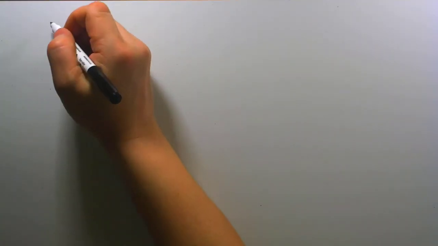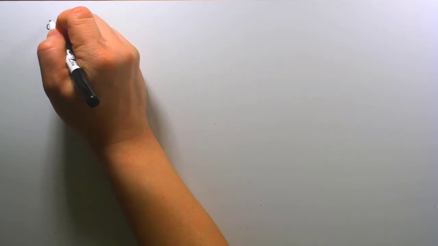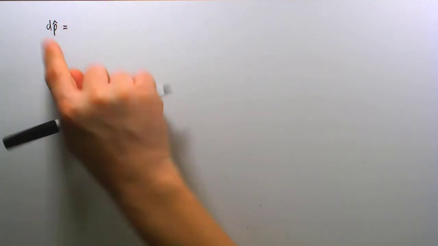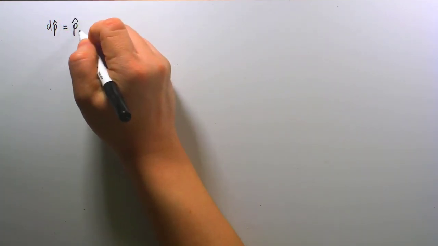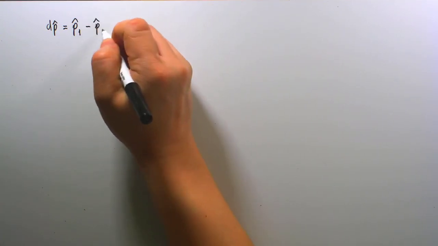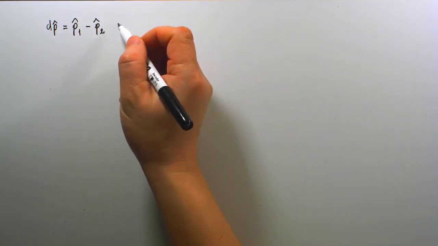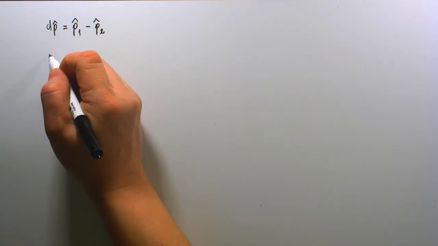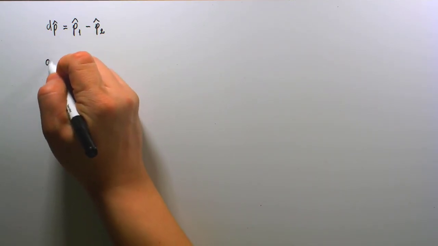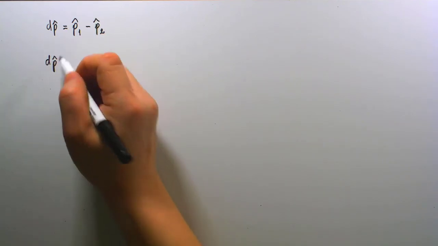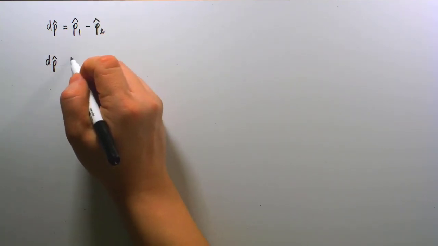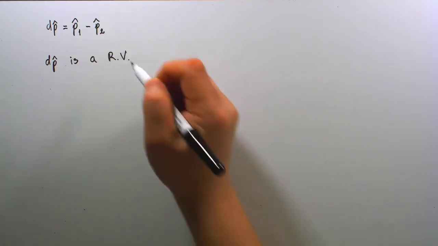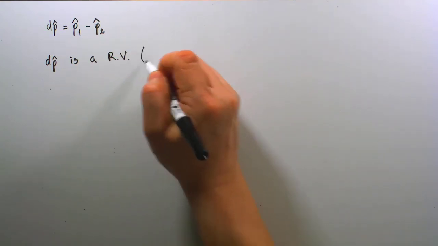And so now at this point, as soon as viewers and my students thoroughly agree that dp hat, which is defined as a p hat 1 value minus a p hat 2 value, has infinitely many values, then I can push it forward and say that even though it is all written in lowercase, dp hat can be generally regarded as a random variable. RV here is short for random variable.